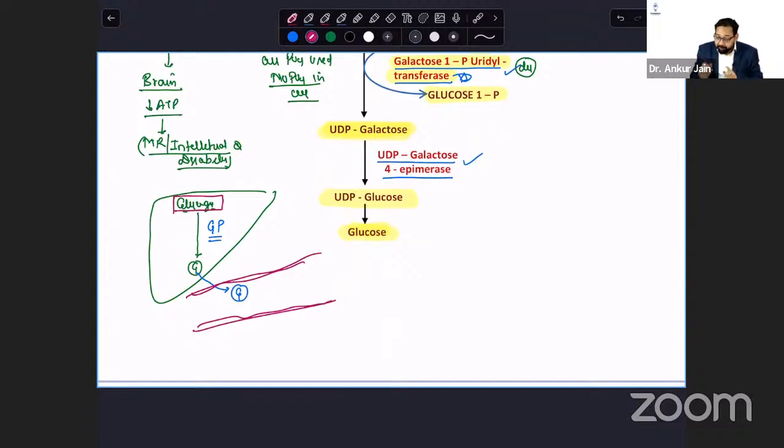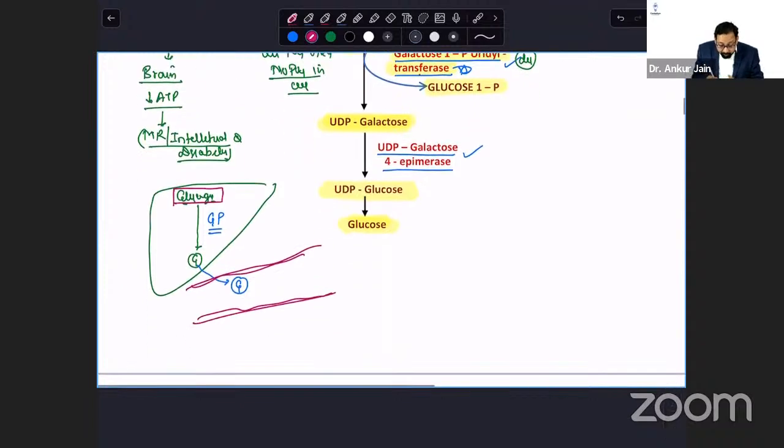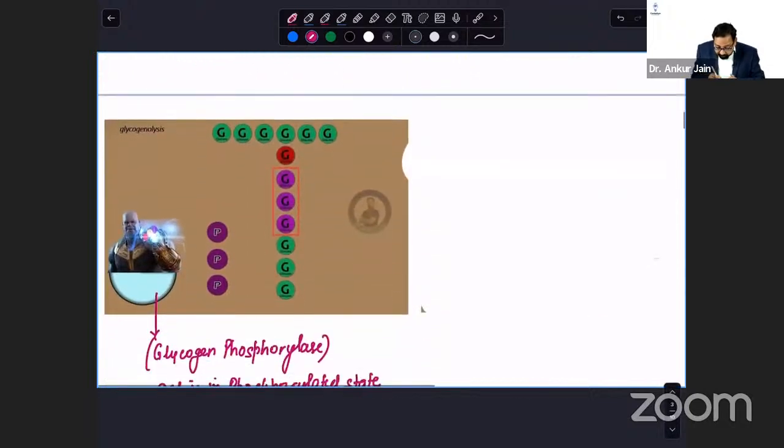But in this patient of galactose 1 phosphate uridyl transferase deficiency, this glycogen will not be broken down because glycogen phosphorylase will not have phosphate. You know, this is glycogen phosphorylase. I remember glycogen phosphorylase as Thanos.